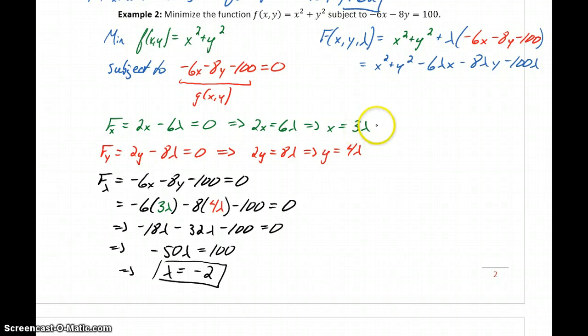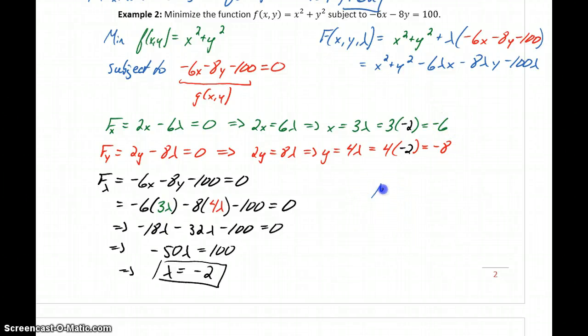So we can take that value for lambda, substitute back into our expressions for x and y. So 3 times lambda will be 3 times negative 2, or negative 6. 4 times lambda will be 4 times negative 2, or negative 8.